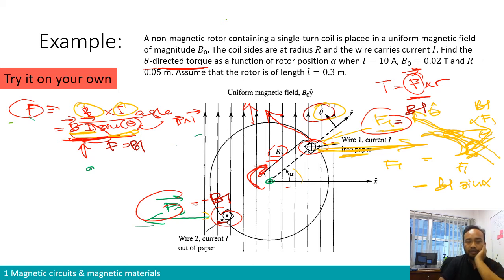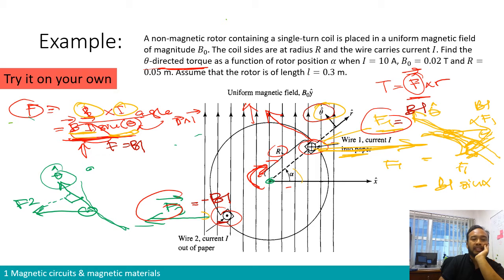If you look at F2, if I redraw again, this is the conductor, this is the circle, this is the direction theta tangent to the rotor, and we have our force F2 in this direction. What we want is to have F2 projected on theta. So if we draw a line perpendicular to theta, F2 on theta is this one, so I'm going to call it F2 theta.